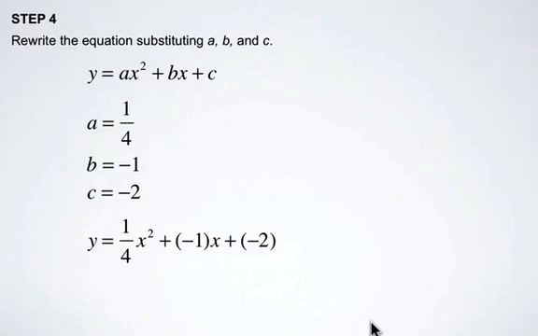So our standard form for the quadratic relation is written y equals 1/4 x squared plus negative 1 x plus negative 2. This is simplified to y equals 1/4 x squared minus x minus 2.